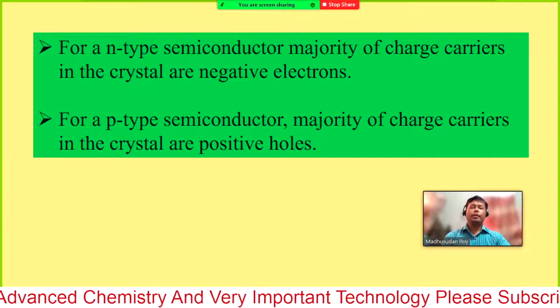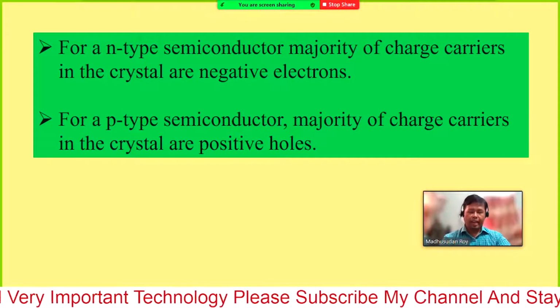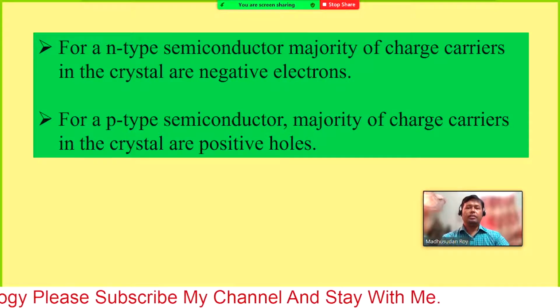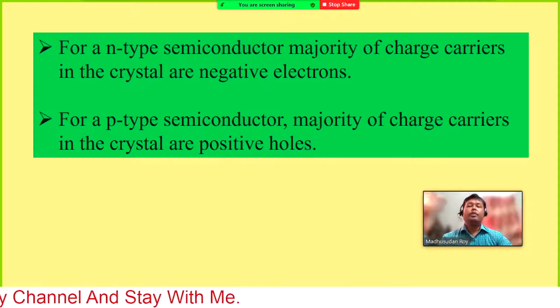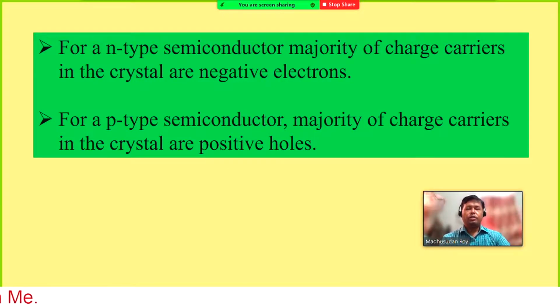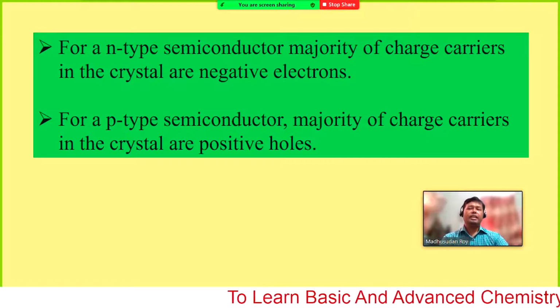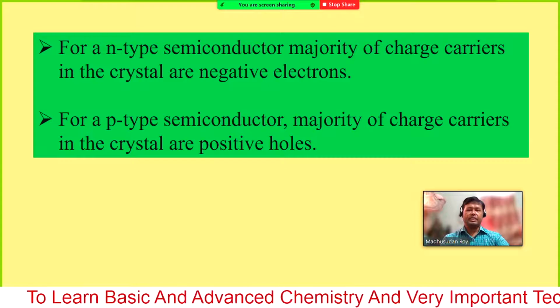In a pure semiconductor you have 4 electrons for each atom. If you replace one atom, you will have 5 electrons in that atom, so 1 electron extra. That electron can move all over the crystal, so it behaves like a free electron and helps to transfer electricity.